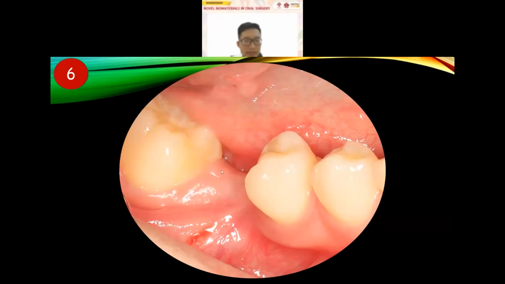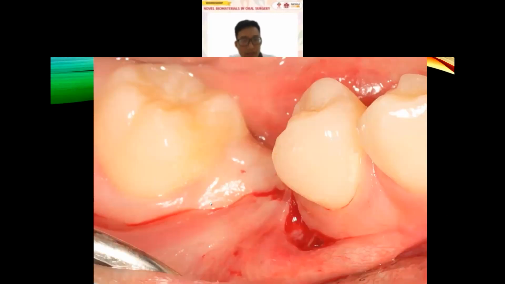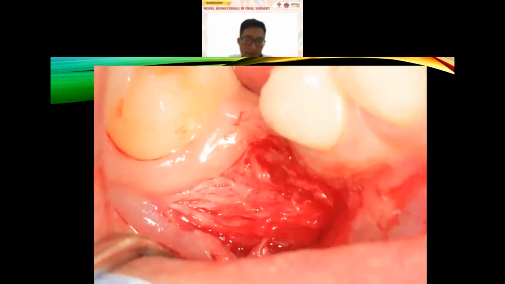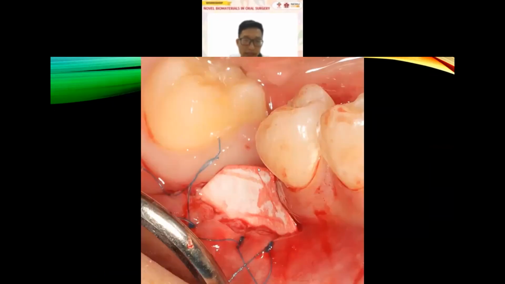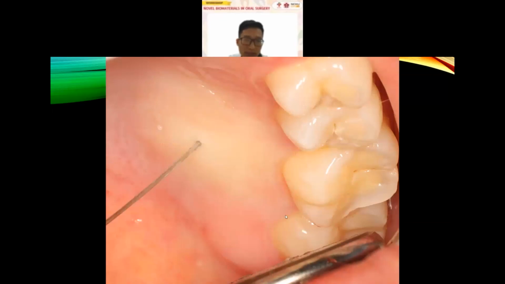So in some cases with a defect where we don't have enough keratinized tissue, I use the apical positioned flap to increase the keratinized tissue volume. The first incision I make at the junction of the keratinized tissue and mobile tissue. After that, I make the split technique flap, trim it, and prepare for the grafting on the palatal side.